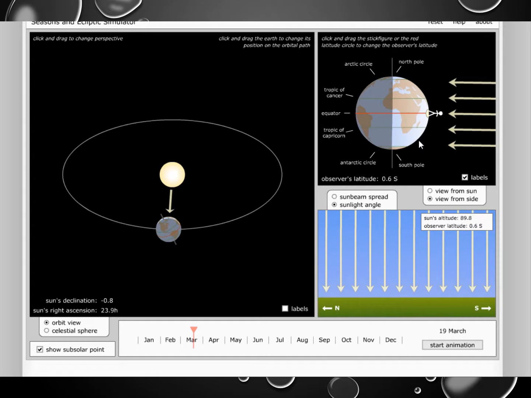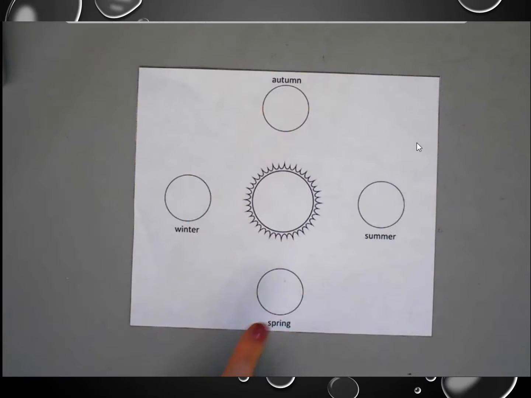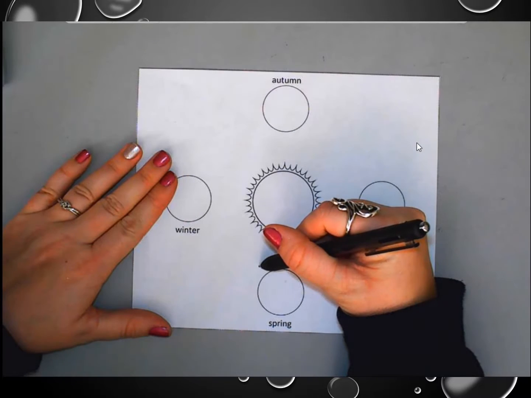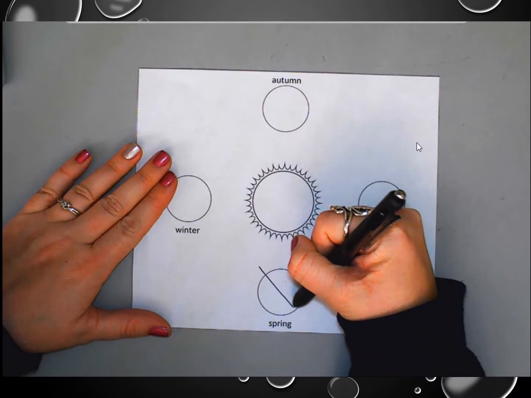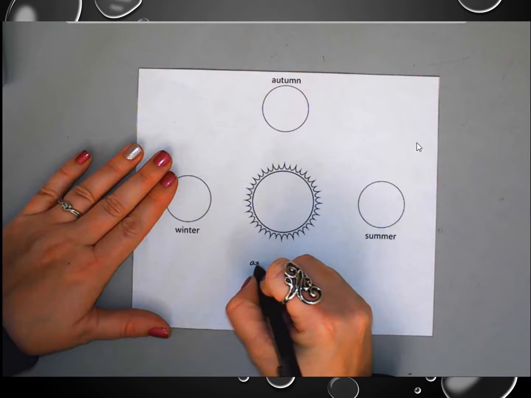So on our model, we're going to start in spring, since that's where we moved to. We're going to draw our axis. I said it was going from the top left to the bottom right, and we're going to label it, of course. That's our axis.